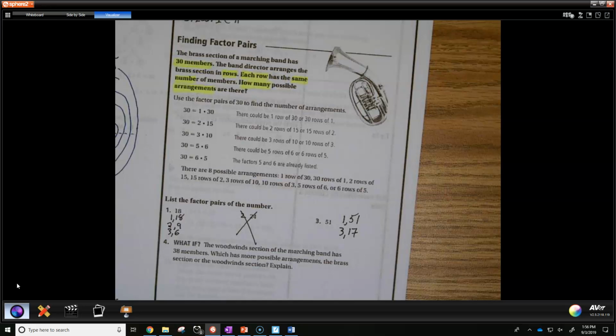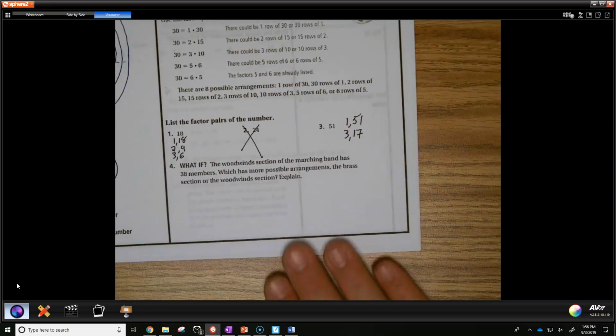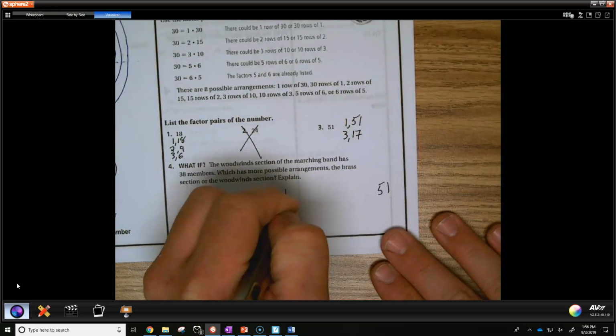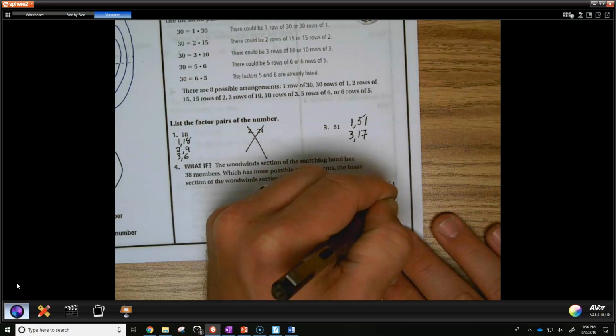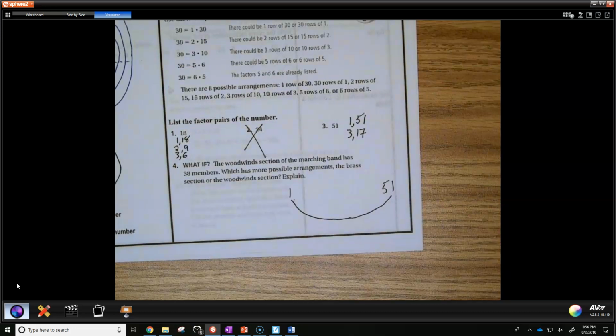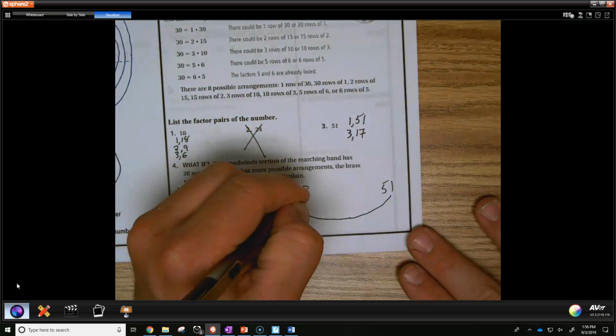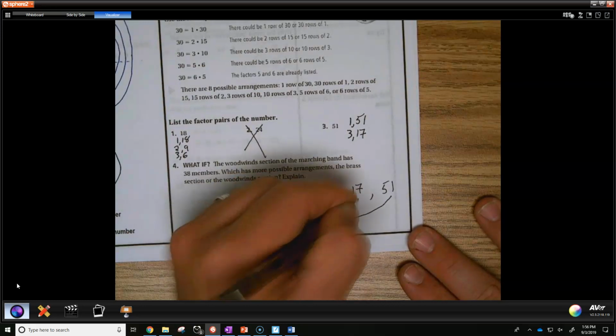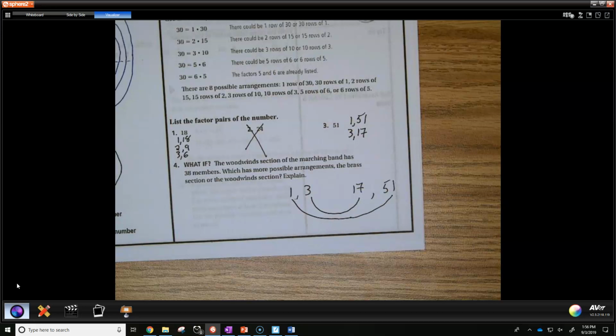I don't understand. You don't understand the rainbow? No, what you just said. Okay, so this is what I was saying. If we did 1 and 51, notice how we draw that line? Okay, so if I did 3 and 17, we connect them. Now I'm going to do this in red because this one doesn't work.